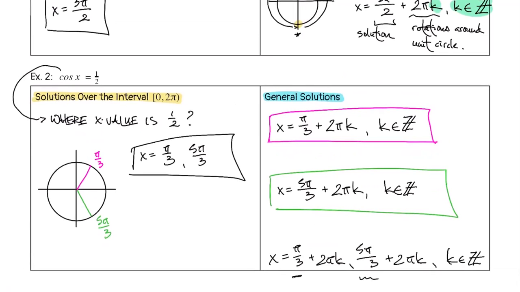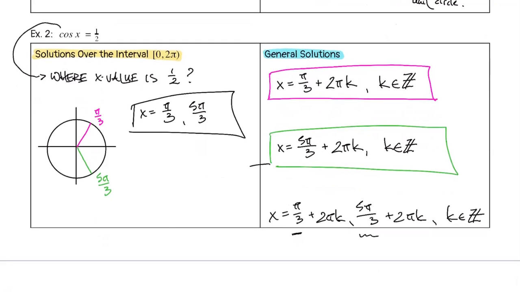Would negative pi over 3 minus 2 pi k be a viable general solution? Yeah, it would be, because that would be another way of writing the thing you have in the green. Right? Because 5 pi over 3, another name for that is negative pi over 3.